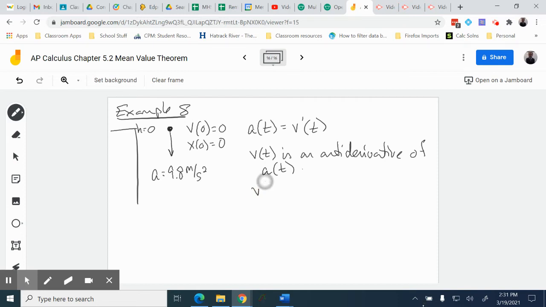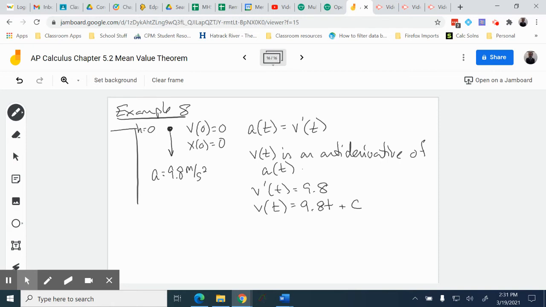So what do we know? Well, we know that acceleration is 9.8, and according to everything we've done over the past couple of videos, we know that the antiderivative of 9.8 must be 9.8t. Think about that for a second, plus a constant.